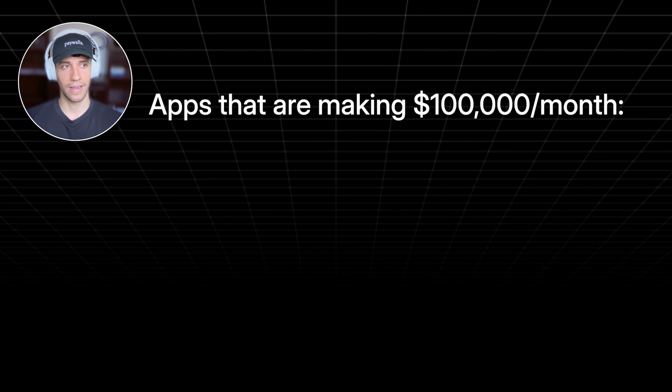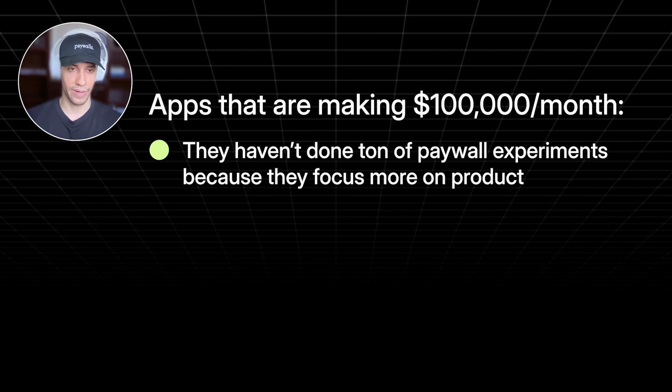So apps that are making, I would say, 100,000 a month, and they haven't done a ton of paywall experimentation because they've been working so much on product, I see the best gains for those kinds of apps.